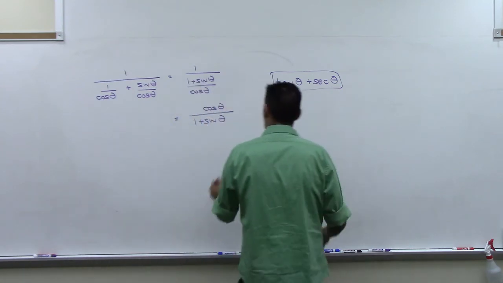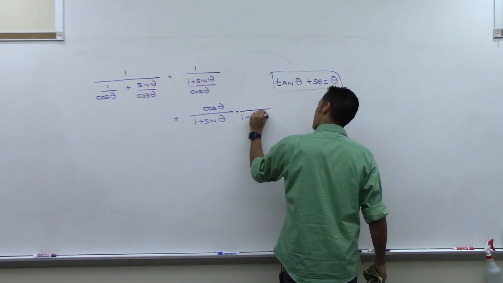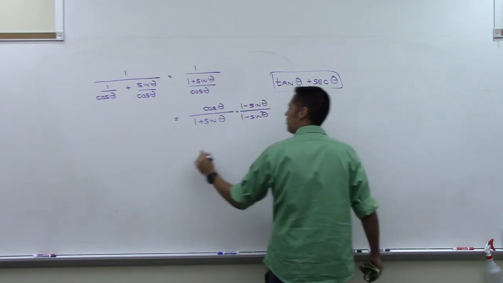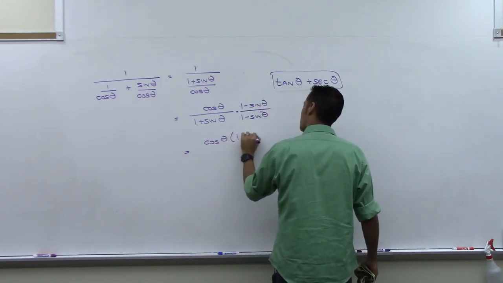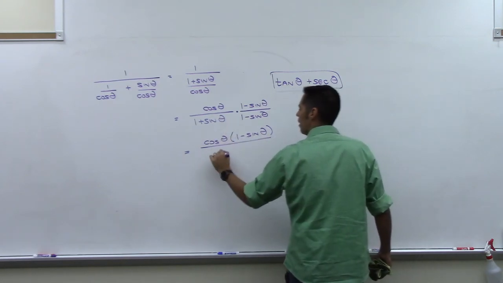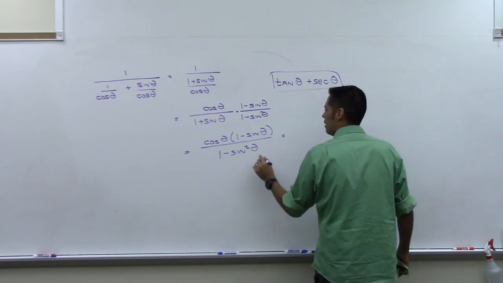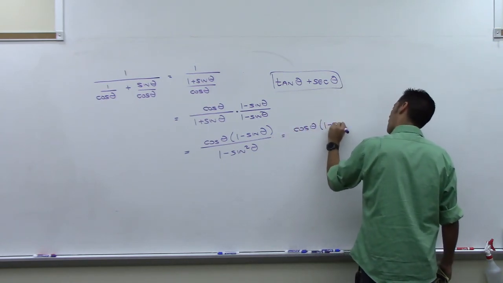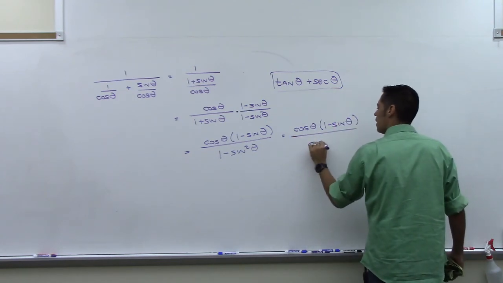So I'm going to multiply the top and bottom by 1 minus sine theta, which is the conjugate of the bottom. And so I get on the top cosine theta times 1 minus sine theta over the bottom. When I multiply that out, I get 1 minus sine squared theta, which is cosine squared theta.